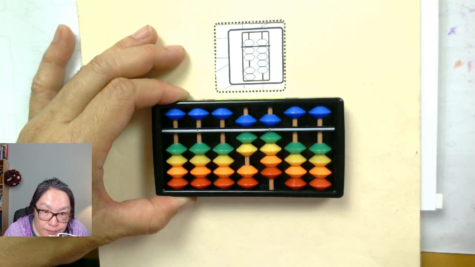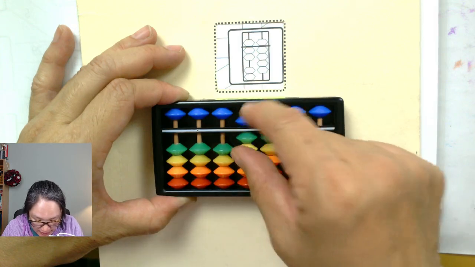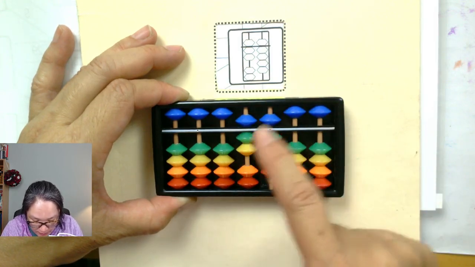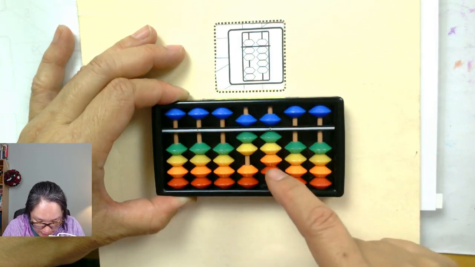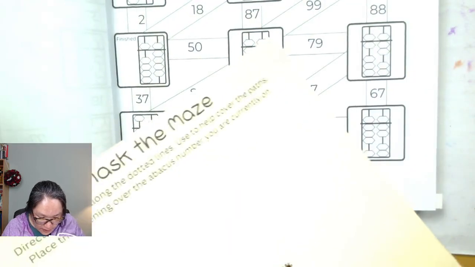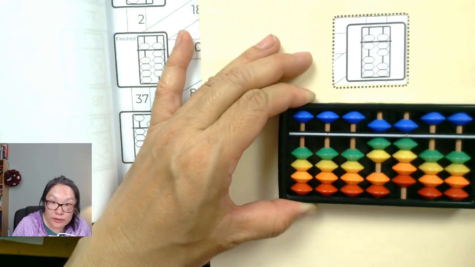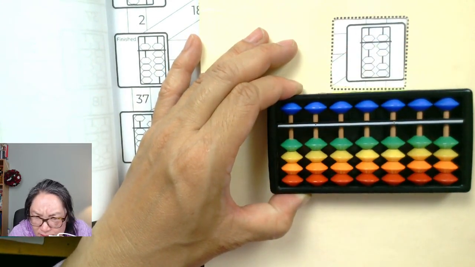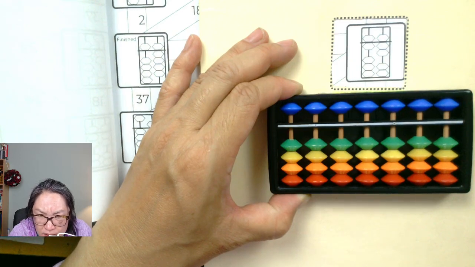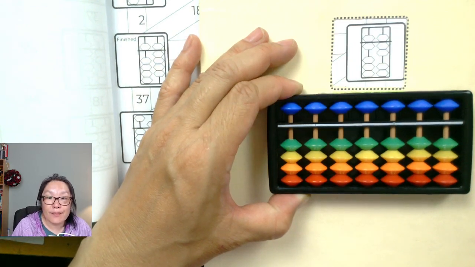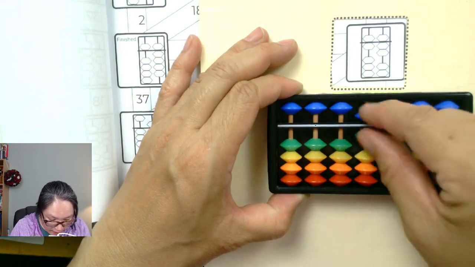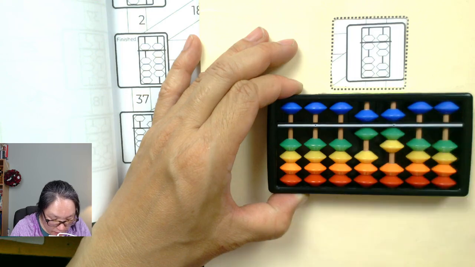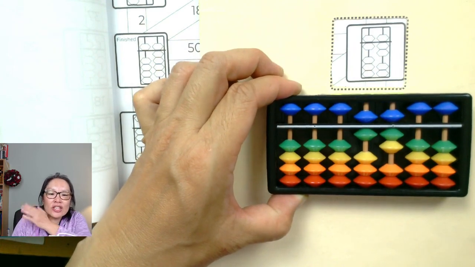Yes, 79. 5, 6, 7, 8, 9. So 79 takes us over here. So we have this number and then that number.